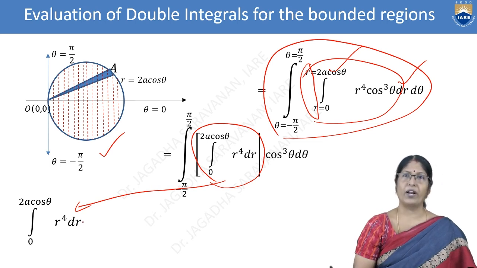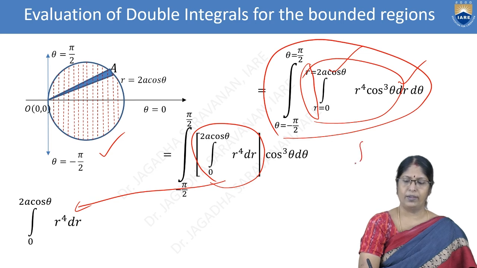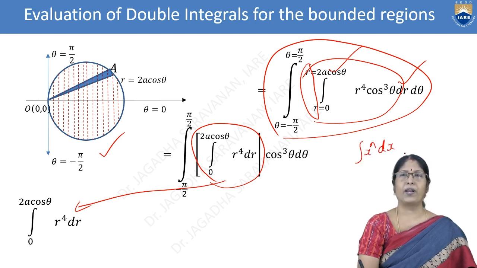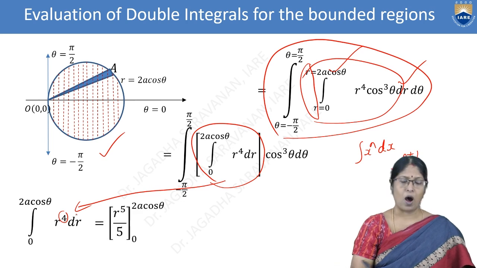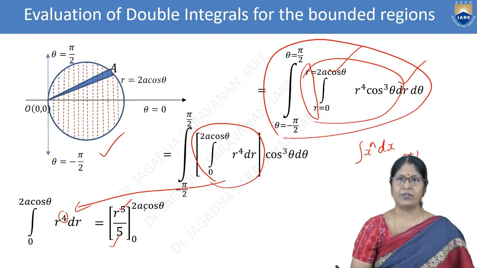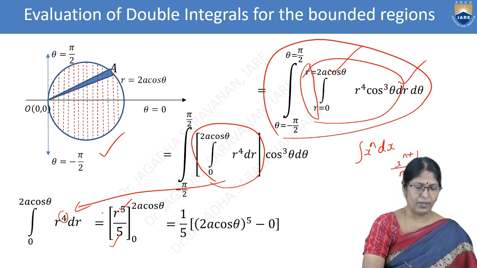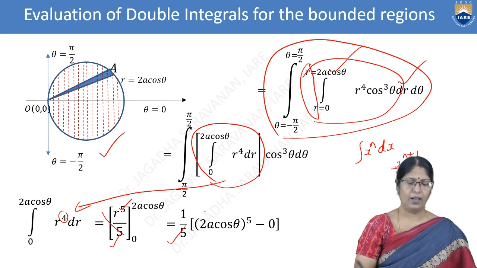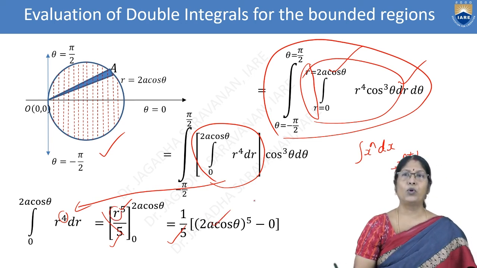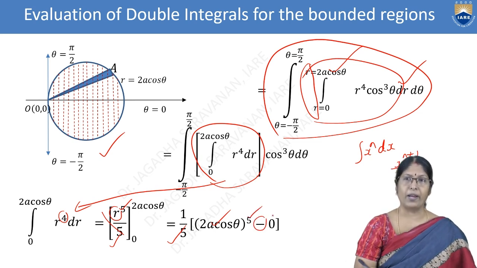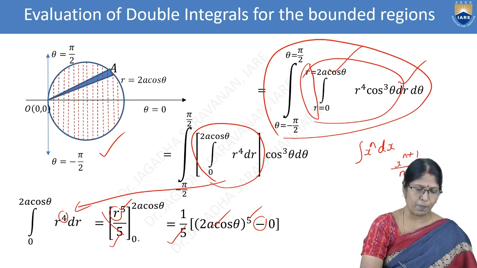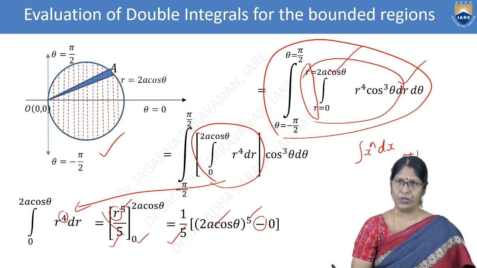So, r power 4 dr, as usual, our simple integral formula, x power n plus 1 by n plus 1, our n is 4. So r power 5 by 5, from 0 to 2a cos theta. This 1 by 5 is written, and r is replaced by 2a cos theta, the whole power 5, minus the lower limit value 0.